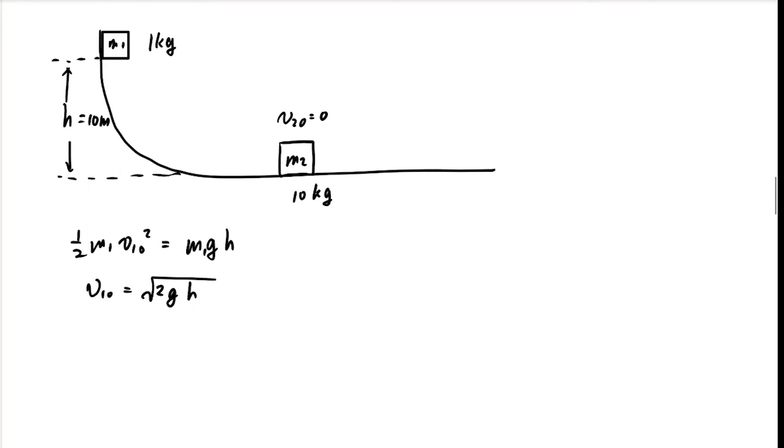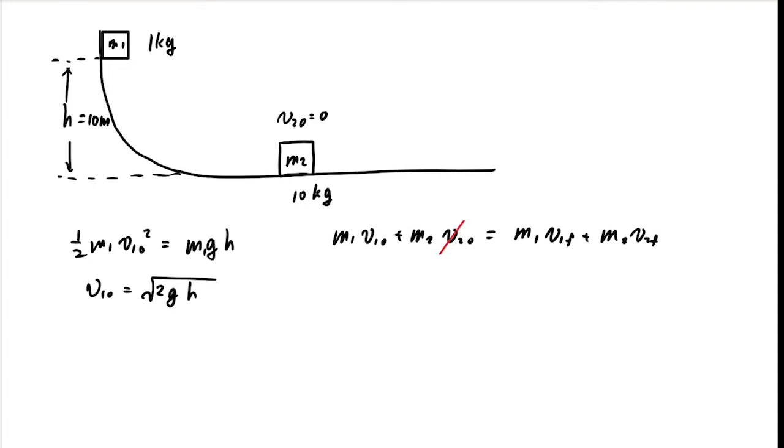Now, once you know that, our next task is M1 V1 original plus M2 V2 original is equal to M1 V1 final plus M2 V2 final. Now let's simplify this thing a little bit.